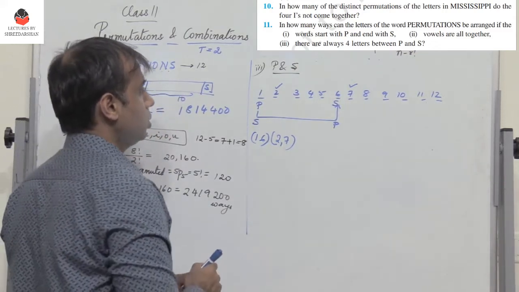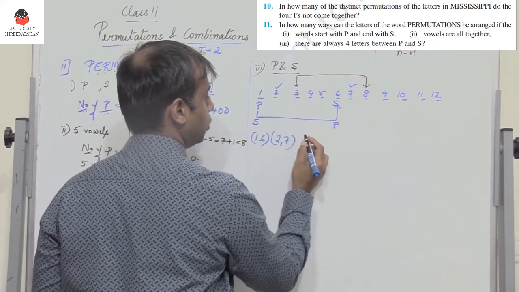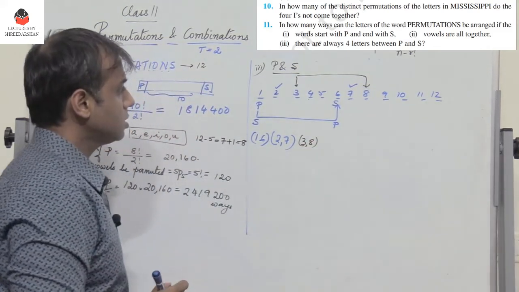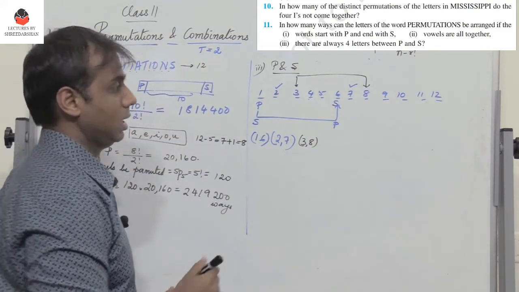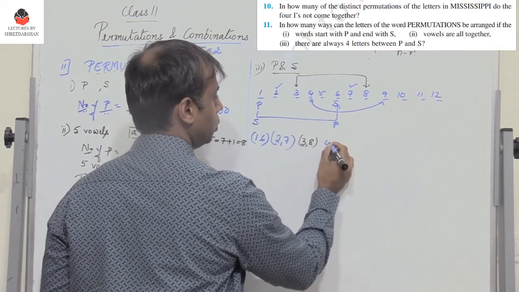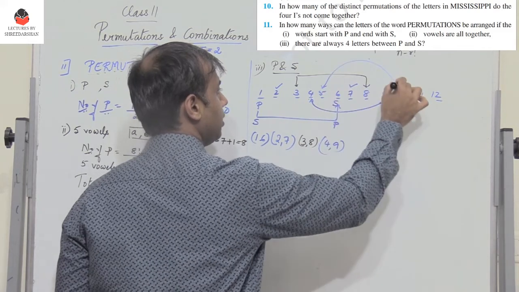Again, the next one is going to be 3 and 8. Observe, again there are 4 in between. The next one is going to be 4 and 9. In between you have 4 alphabets. And then you have 5 and 10.